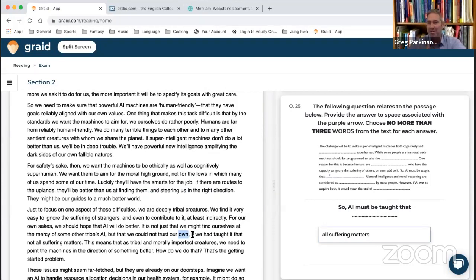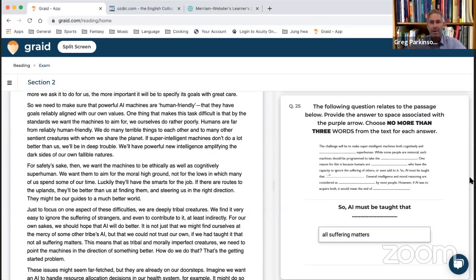So we might build our own robots and we might not trust them, if we had taught it that not all suffering matters, right? So if we teach robots to be like us, robots might treat us like humans treat each other. So that's why AI must be taught that all suffering matters, right? So suffering is not good. We have to teach robots that suffering is not good. So hopefully you can understand by my explanation there.